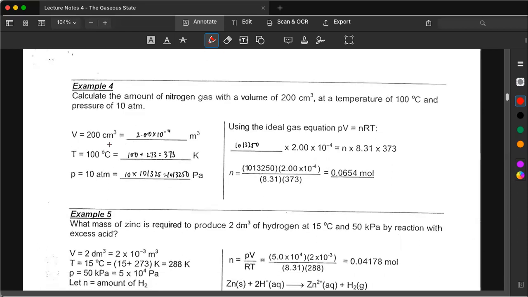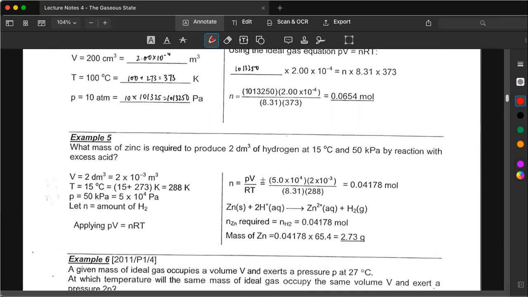The volume was 200 cm³, so you need to convert to m³. Then convert the temperature to Kelvin and the pressure to Pascal, so everything is in SI units, which is easier. Apply the equation PV equals nRT. Amount means number of moles, just remember that. Shift everything to make n the subject of the equation, and you will get 0.0654 mole.